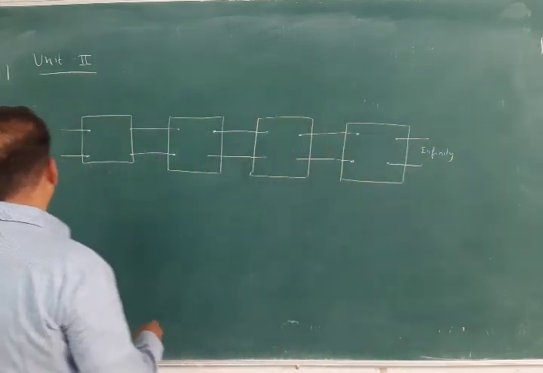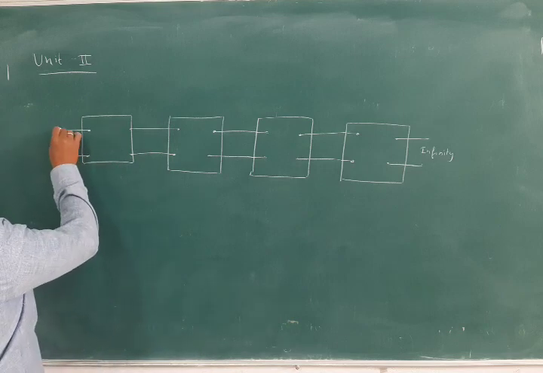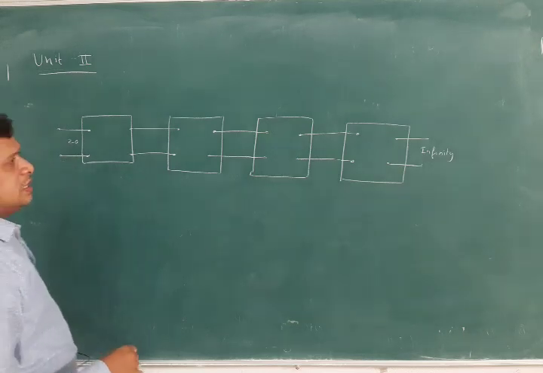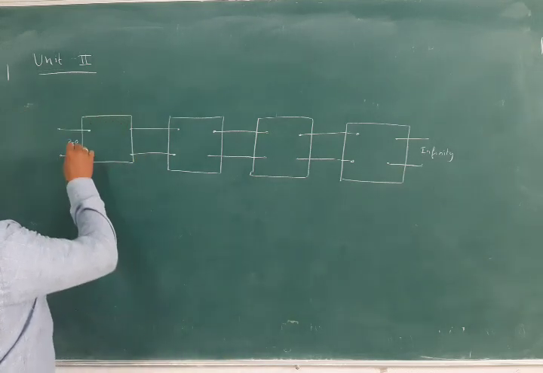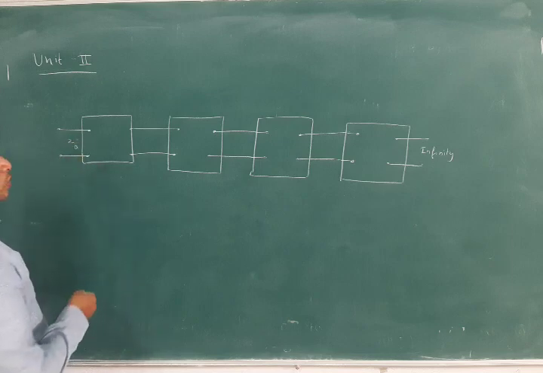Now here we have the impedance Z0. Suppose the input impedance here is Z0, represented by Z suffix 0.